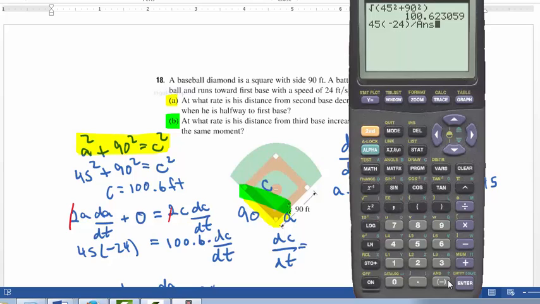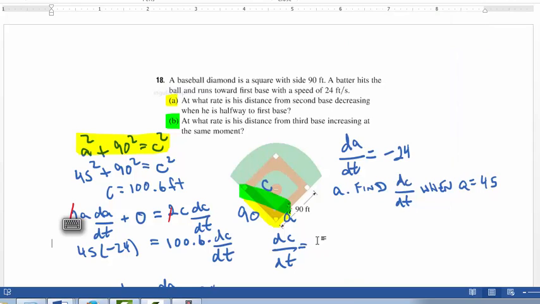So if we divide 45 times negative 24 by 100.6, we will get negative 10.7. So dC/dt in this case is negative 10.7 feet per second. That would be how fast his distance from second base is changing, because he's getting technically closer to second base as he's running towards first base. So negative 10.7 feet per second.